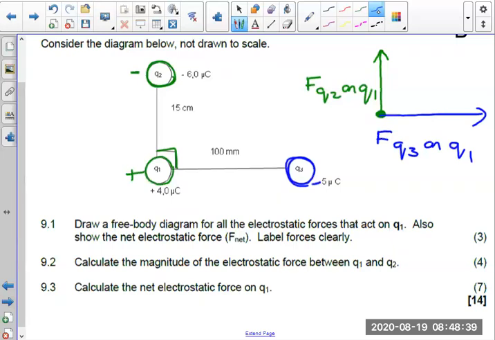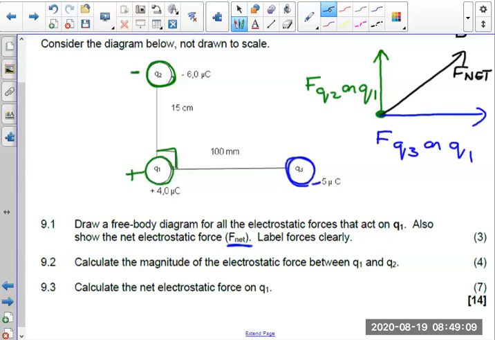So that's the forces. But remember, they said that I must show the net force as well. So the net force is the one force is exactly upwards and the other one is to the right, and there's a 90-degree angle between the two. It means that the net force is exactly in the middle of the two. So that would be F net, as you can see there. Okay. And for that, you will get your 3 marks.